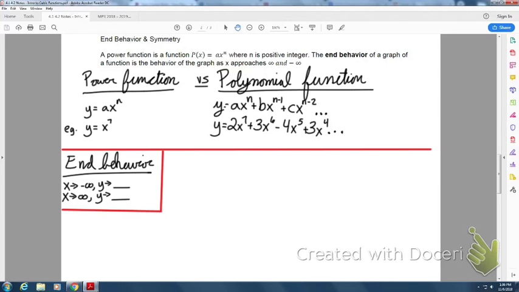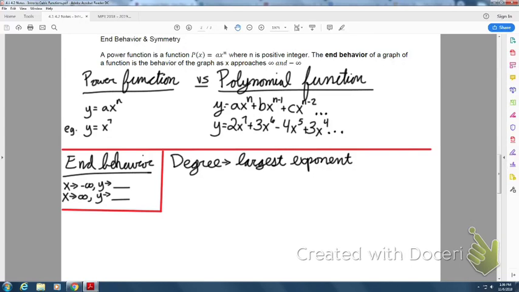Whenever I refer to the degree of a polynomial, all I'm talking about is the largest exponent. So if you look at this one right here, this would be considered a 7th degree polynomial because the largest exponent is 7.